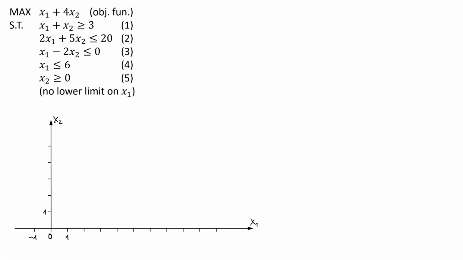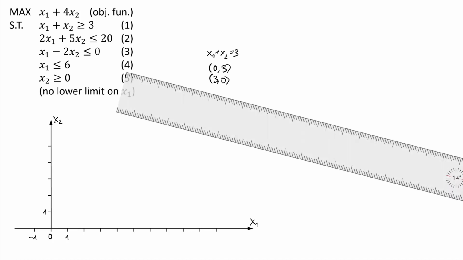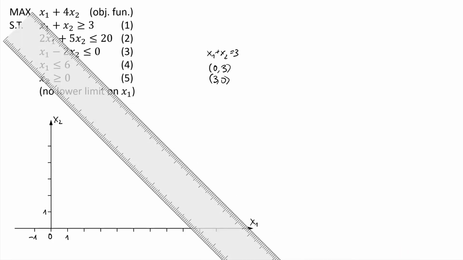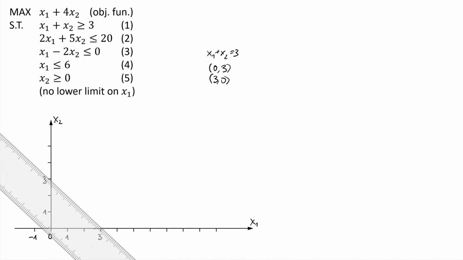Okay, let's plot the first constraint. The first constraint, x1 plus x2 equals 3. If you turn it into equality, you'll find 2 points that satisfy it are 0, 3, and 3, 0, 2 easy points we can determine. So I will use a ruler and find the points. Points 0, 3 and 3, 0 are here, right? These are the 2 points, and I will plot a line that goes through them.